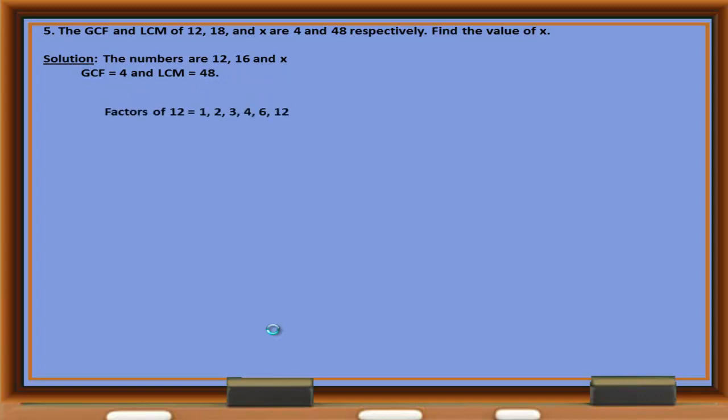Factors of 12 are 1, 2, 3, 4, 6, 12. Factors of 16 are 1, 2, 4, 8, and 16. Factors of the unknown number X are 1, and so on. The last one will be X.